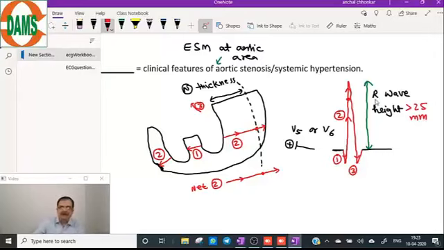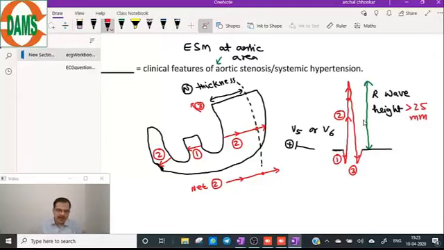So the R wave height in V5 or V6 should be more than 25 mm to call it left ventricle hypertrophy. So this will be V5 or V6 for LVH. It is sufficient if you look at V5 and V6 and make your diagnosis.